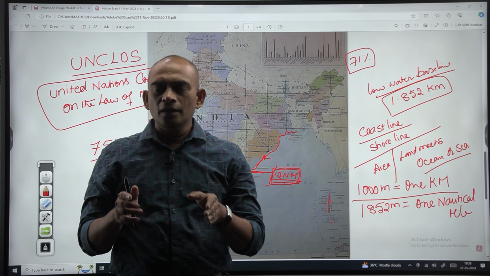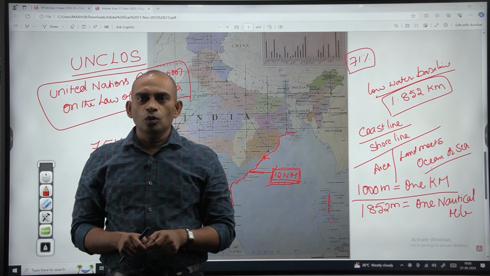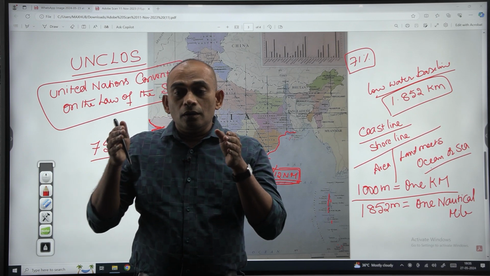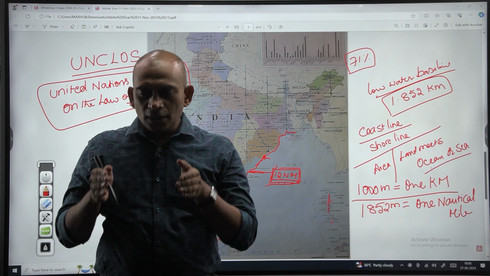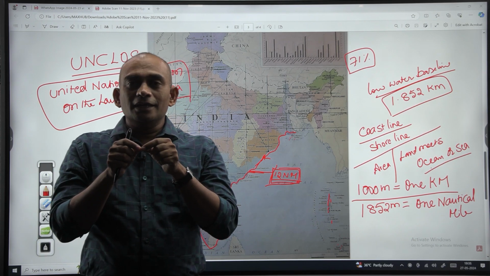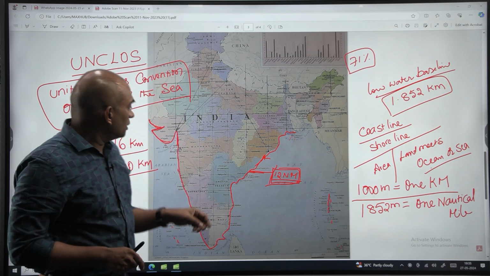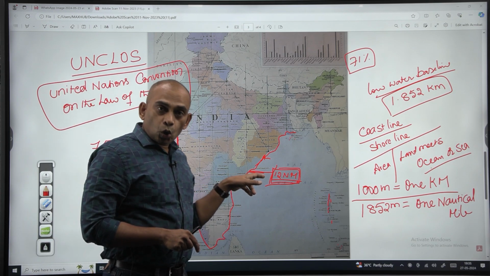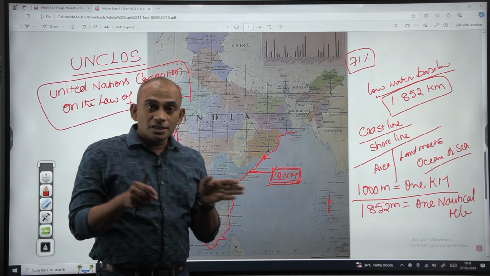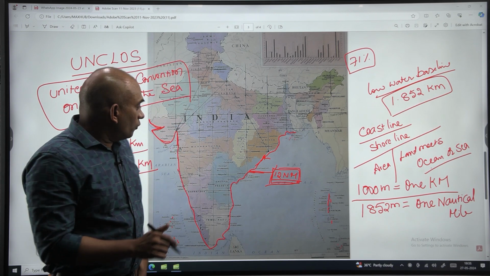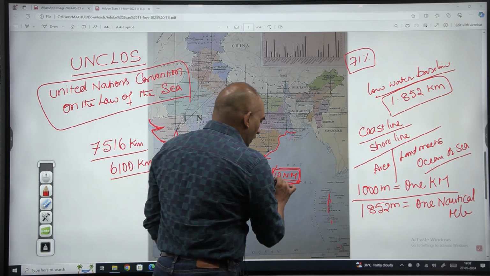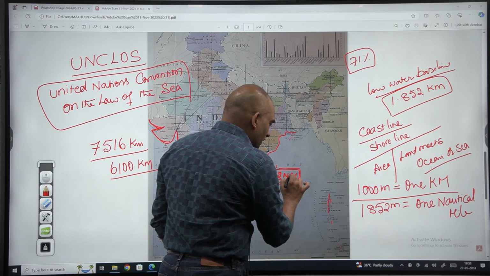The same way, here they framed and established one framework. That framework clearly mentions that from the coast, this territory, that means the maritime boundary, would extend up to 12 nautical miles.